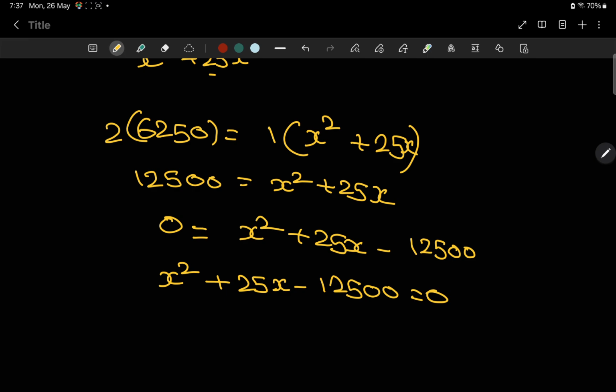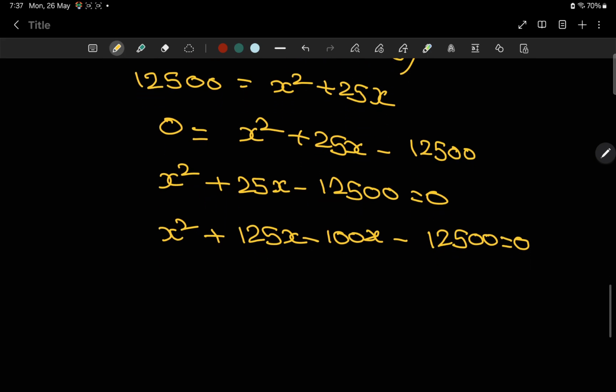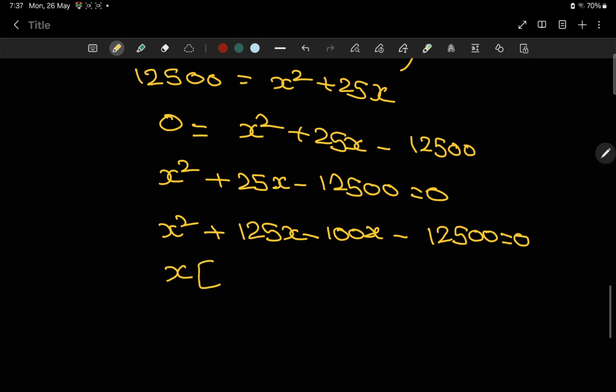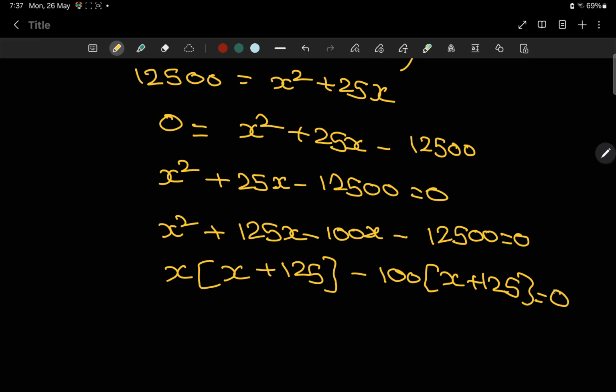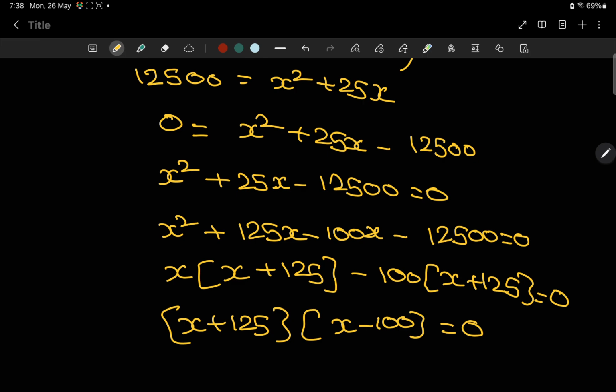So x square plus 125x minus 100x minus 12,500 equal to 0. So let's take x common: x plus 125 minus, let's take 100 as common, x plus 125 is remaining, which is equal to 0. So let's take x plus 125 as common again, and x minus 100, which is equal to 0.